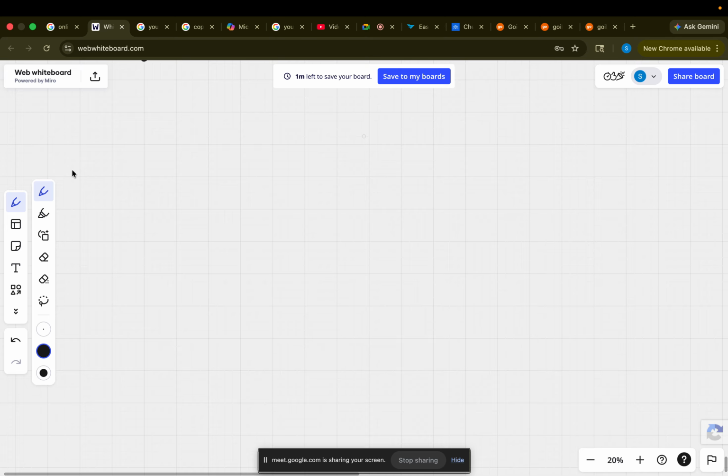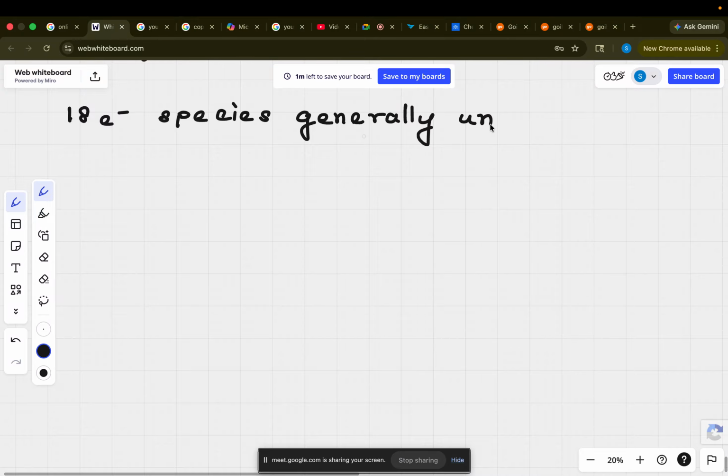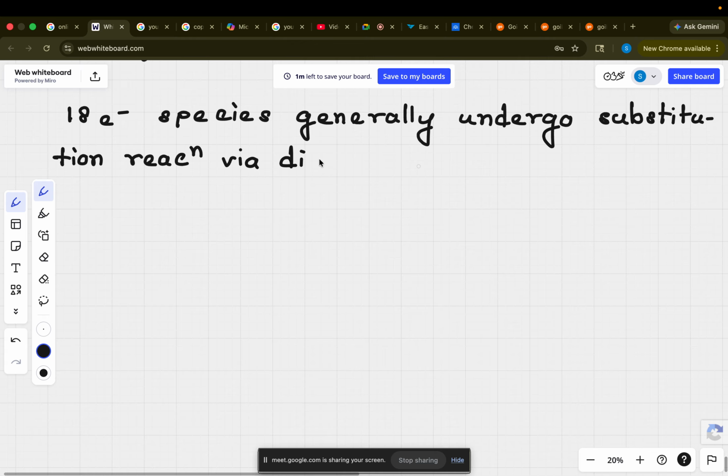Now next write down one para. 18 electron species, write down with me. 18 electron species generally undergo substitution reaction via dissociative mechanism.